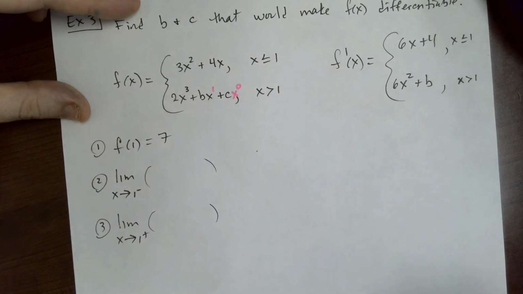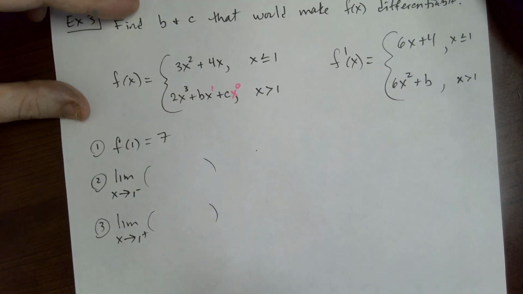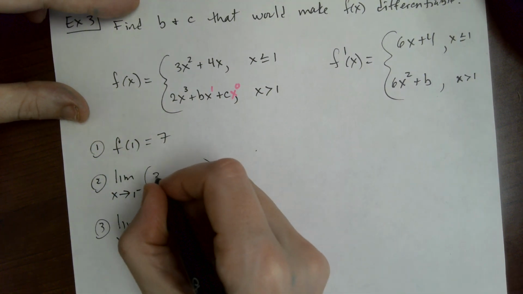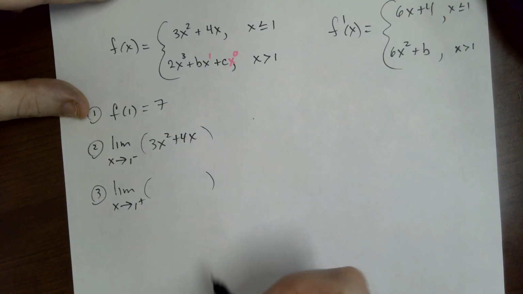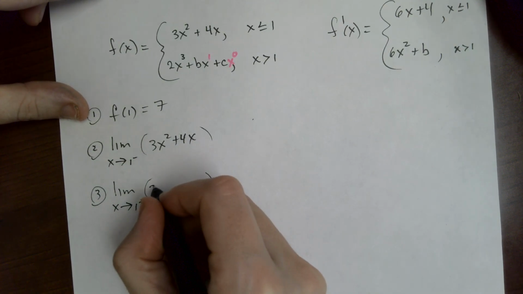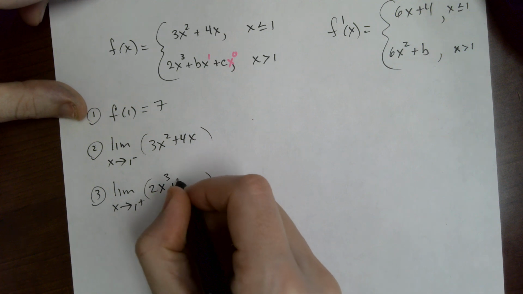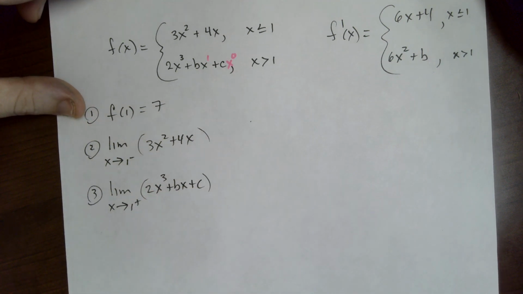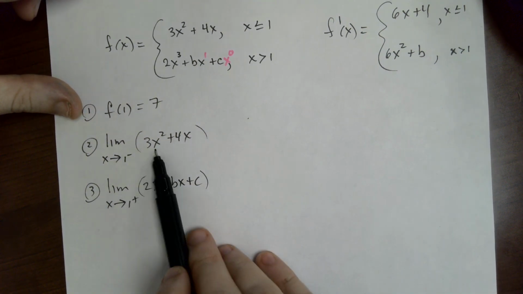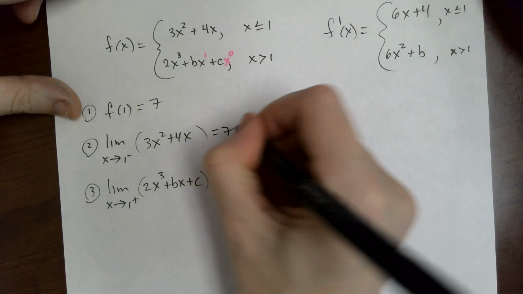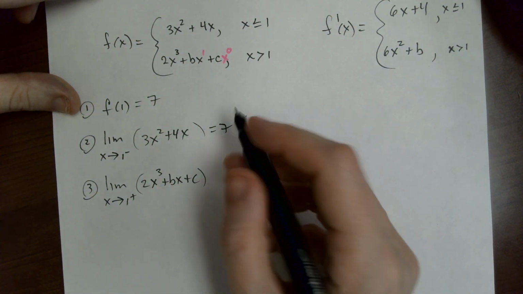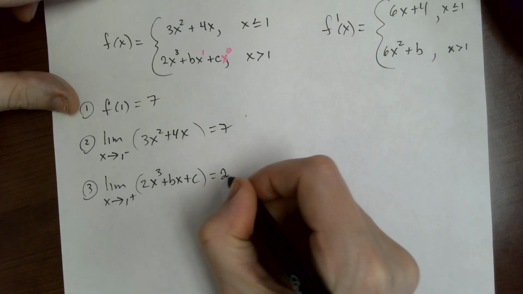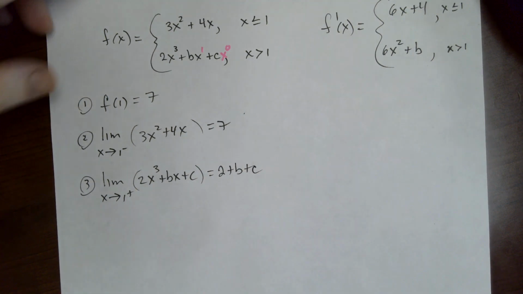So that's 7. And then the limit as x approaches 1 from the left, I'll be using the top piece. And then when we approach 1 from the right, I'll be using that bottom piece. Okay, if I plug 1 in here, I get 7. And if I plug 1 in here, I get 2 plus b plus c.